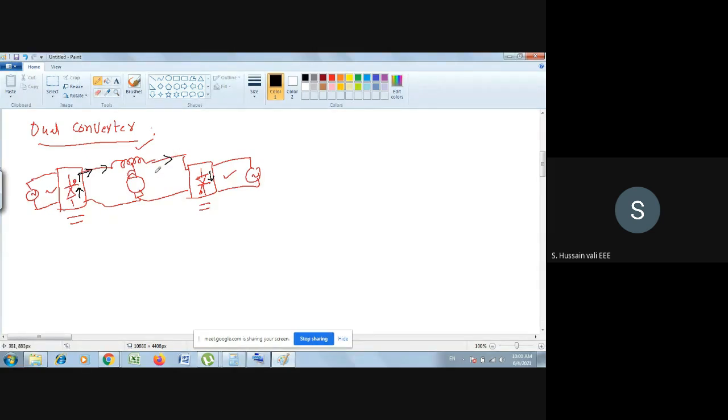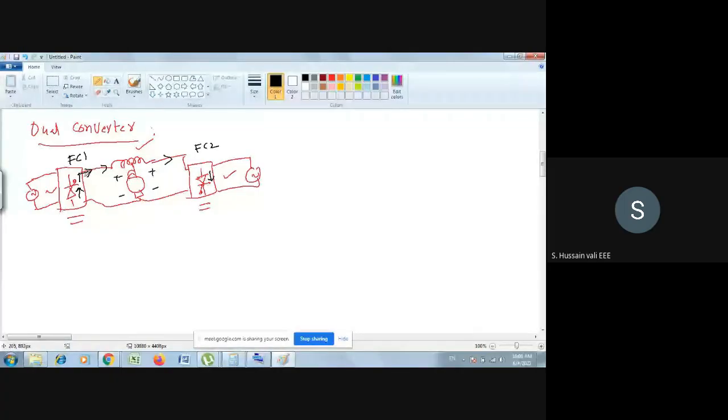But what about the voltage? The voltage is positive here, and positive here also. So what you do exactly here is operate full converter one, FC1, or FC2, for some firing angles and for some duration or switching sequence.